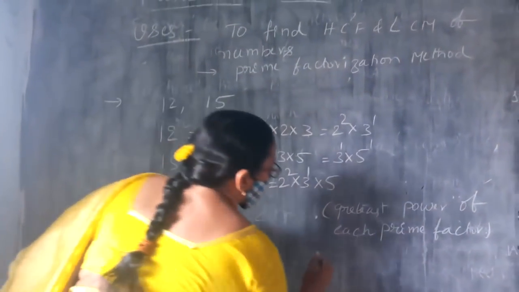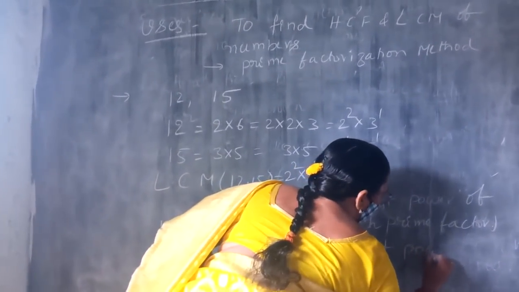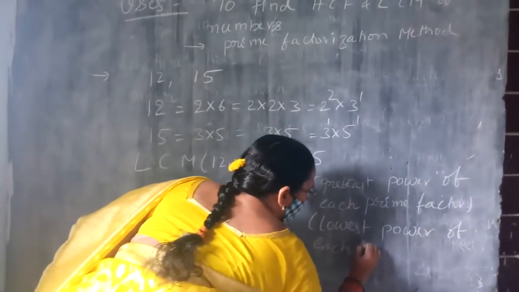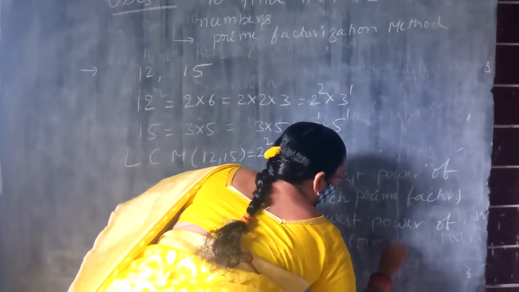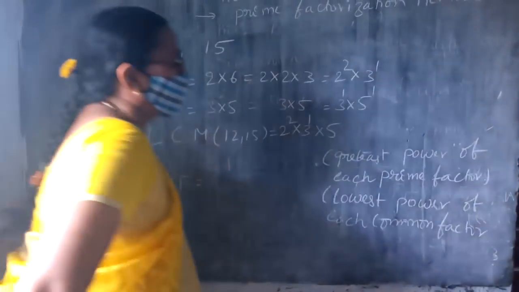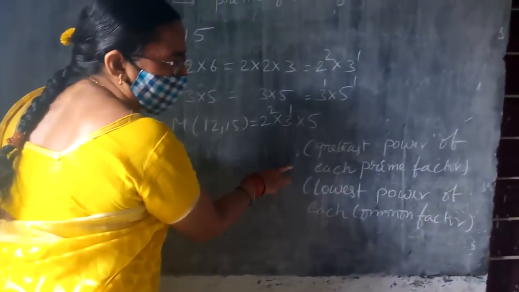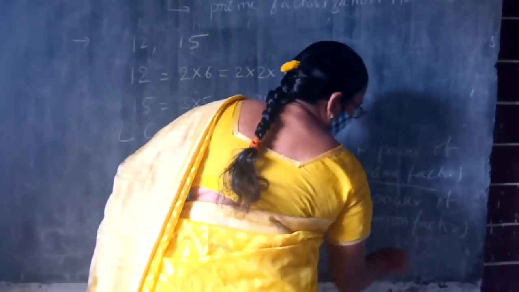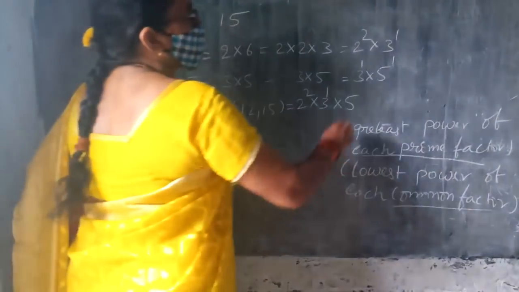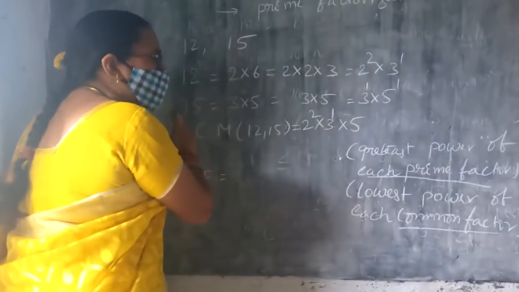Next, HCF. HCF means the lowest power of each common factor. Do you understand the difference between these two? Each prime factor means all prime numbers in these two numbers.